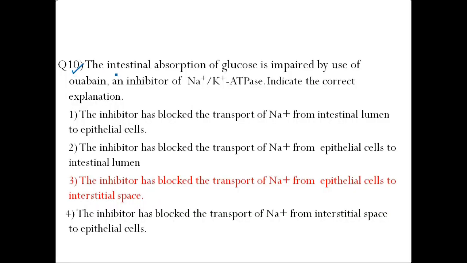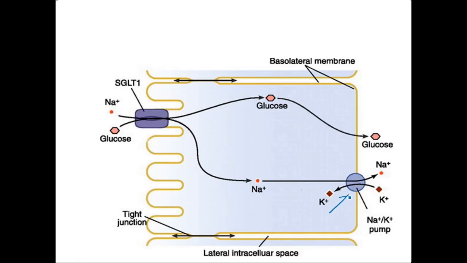Next question. The intestinal absorption of glucose is impaired by use of ouabain, which is an inhibitor of sodium potassium ATPase. Indicate the correct explanation. So what is given in the question is ouabain is an inhibitor of the sodium potassium pump. So this is the sodium potassium pump, and this ouabain will inhibit this sodium potassium pump.